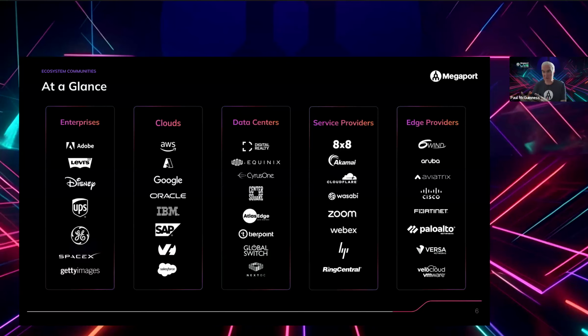And then we've also got lots of edge providers allowing you to do virtual routing, virtual firewalling, and SD-WAN solutions as well to allow you to connect all of these elements together. So that could be Fortinet or Palo Alto firewalls, Cisco or Six Wind virtual routing, for example.